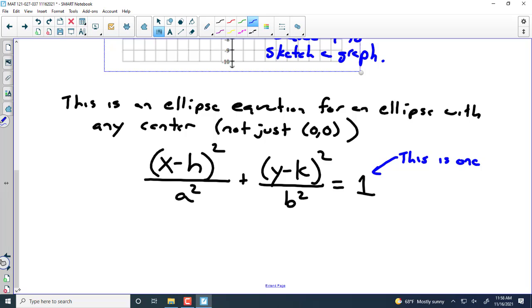And you do see a lot of variables in there, everyone. X's, Y's, H's, K's, A's, and B's. But that number over on the right is a 1. It is just a number 1. This is what we would let them look like if we can move the center everywhere. And you should actually kind of see where the center is based on what we did with circles. Still got that H and K in there.